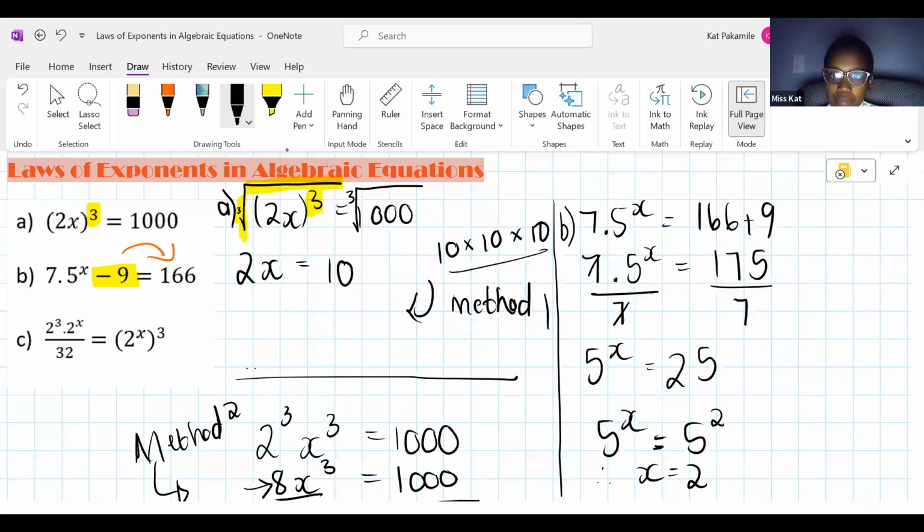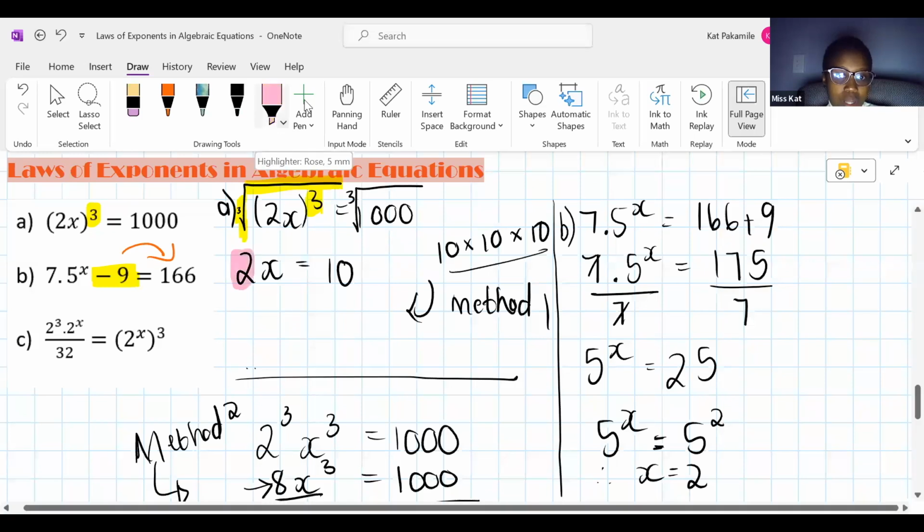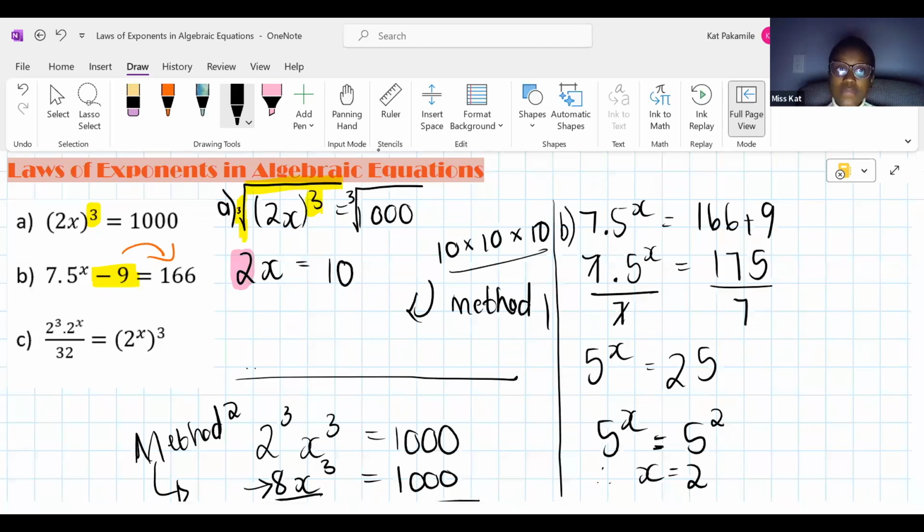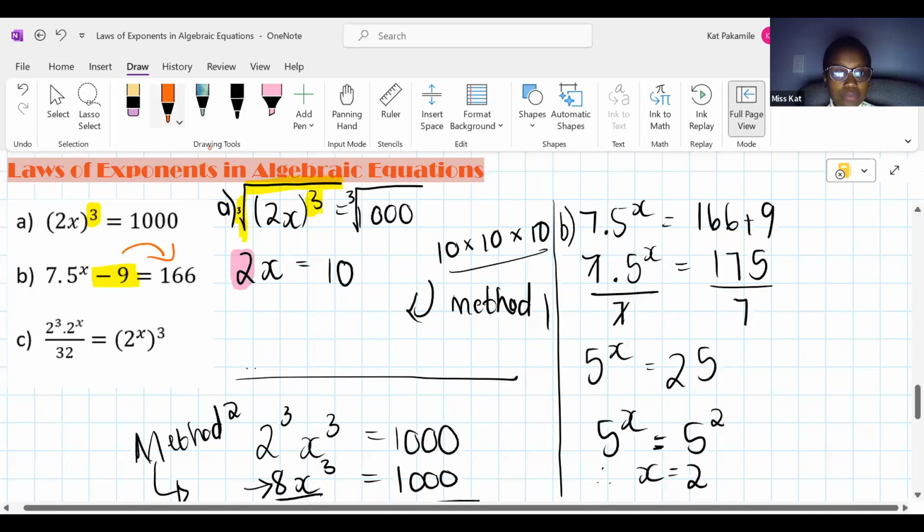Yes, I am. Now we want to get rid of this 2 that's in front of the x. How do we get rid of multiplication? Remember, we're doing opposites. So what is the opposite of multiplication? Division. We divide.